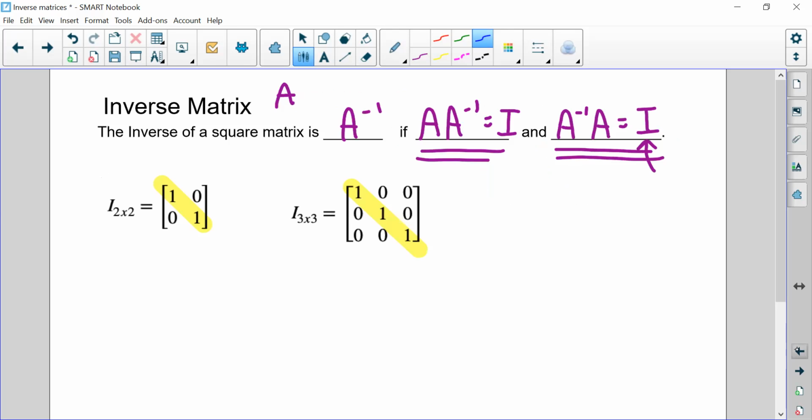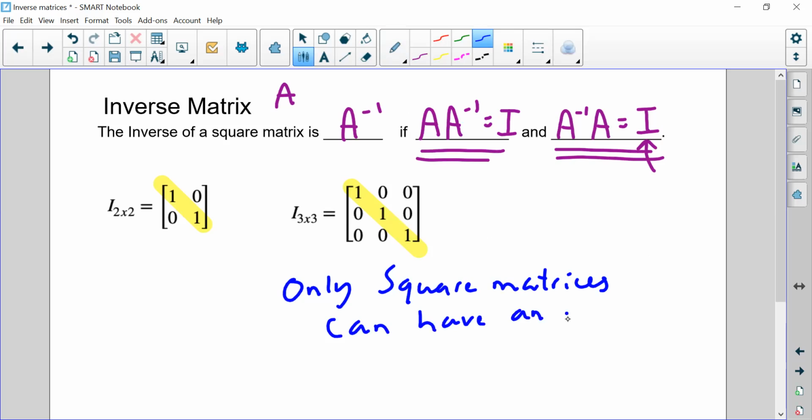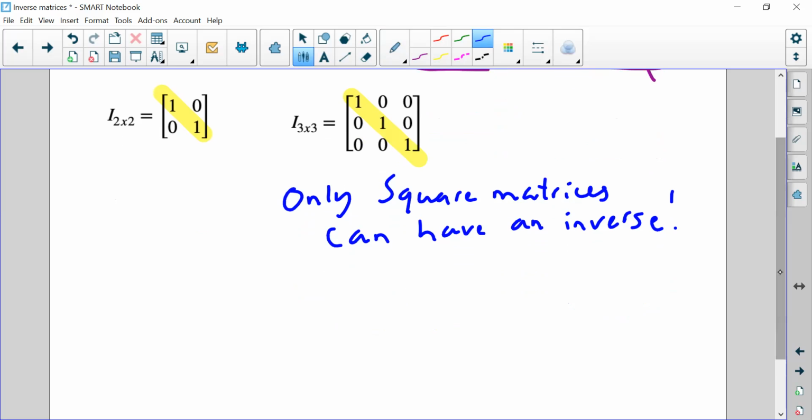Only square matrices can have an inverse. So that's the first thing you check. Make sure it's a square matrix. Only square matrices have inverses, because notice all our identity matrices are square matrices.